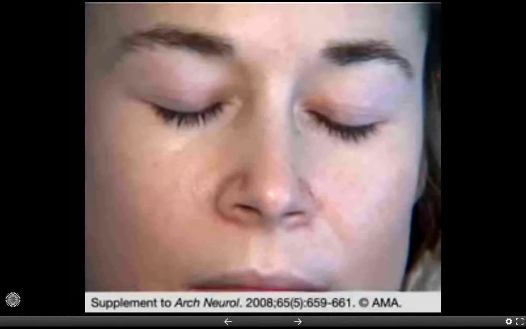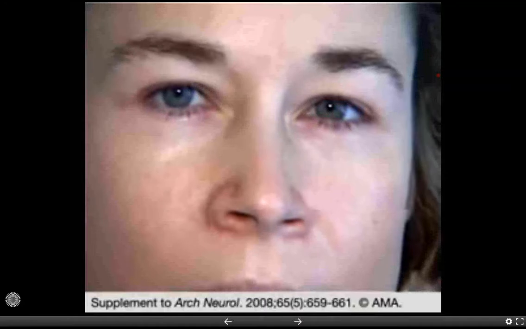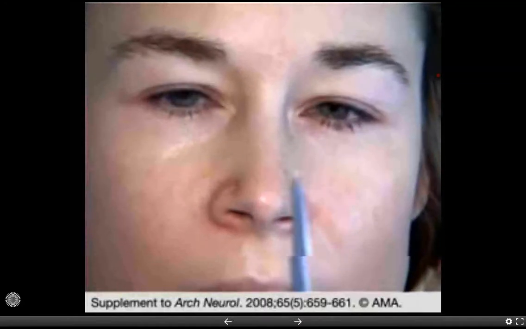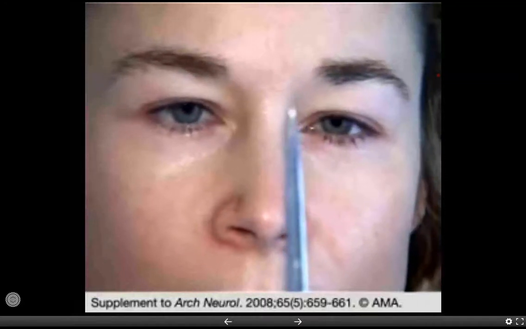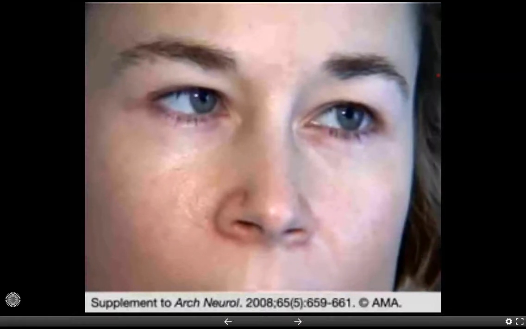And so the ability to assess for these midline dysfunctions and understand where they come from becomes very, very important when we want to try and create some sort of intervention.